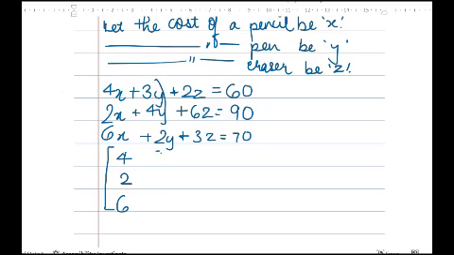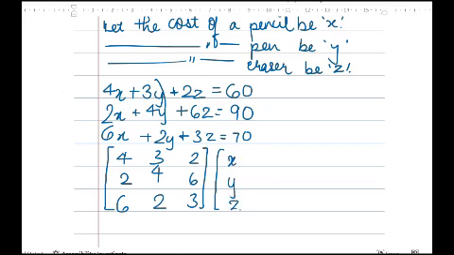So it becomes 3, 4 and 2. In the third column, you will be taking all the coefficients of z. So it's going to be 2, 6 and 3. And now, since your equations are for x, y and z, you will take x here, y here and z here.